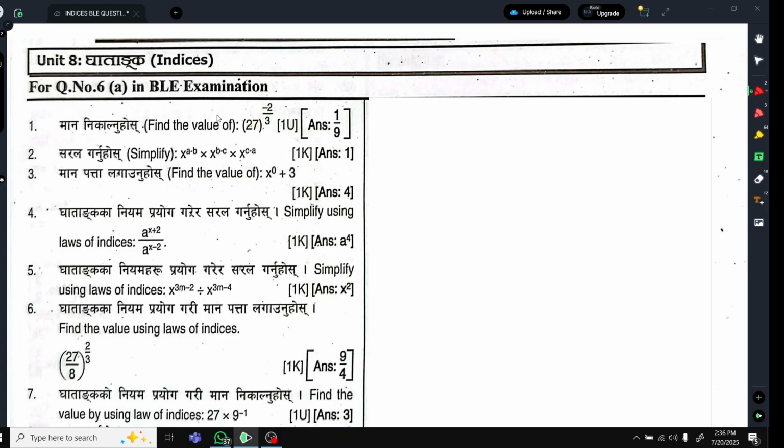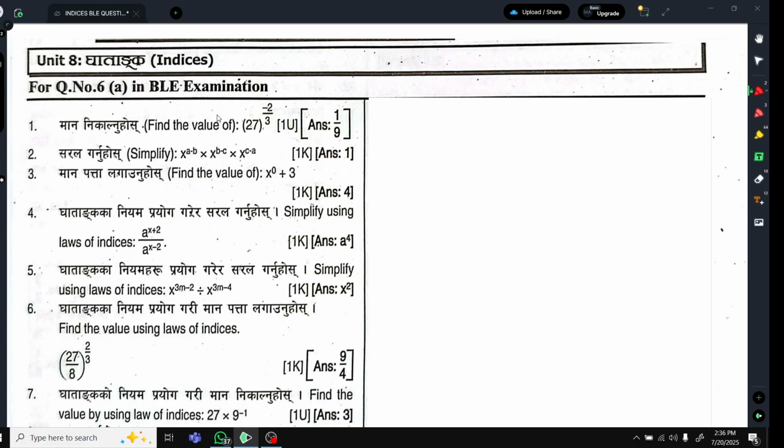What do we have over here? Find the value of 27 to the power minus 2 by 3. So how will you get the value in question number 1? First we have to do factorization.